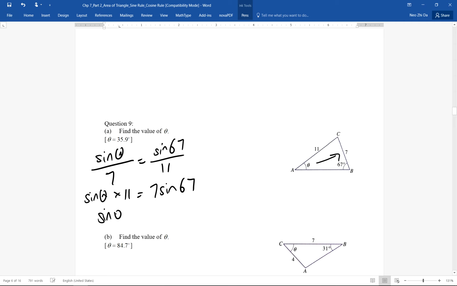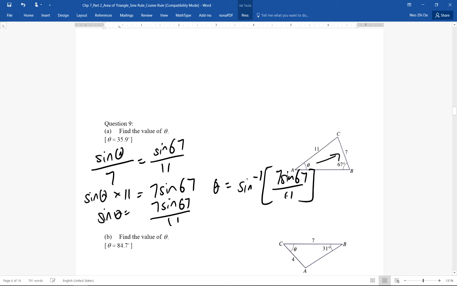11 bring over. Now then theta equals sine inverse. Now, how many answers are there?